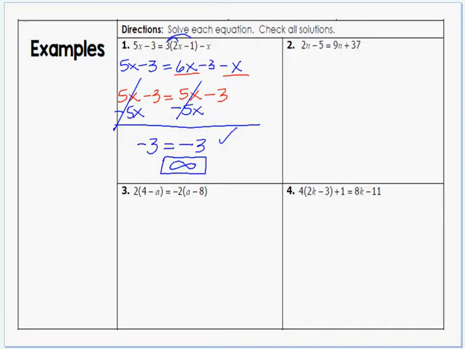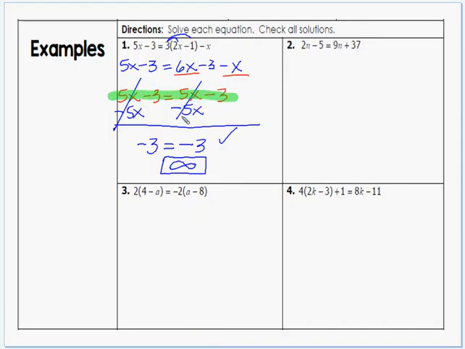Now, notice how we came all the way down to showing that negative 3 is equal to negative 3. But if we were to go back and look at the red part of our equation that we have here, 5x minus 3 is equal to 5x minus 3. Notice both sides of the equation are the same.